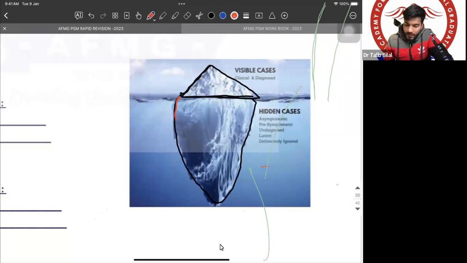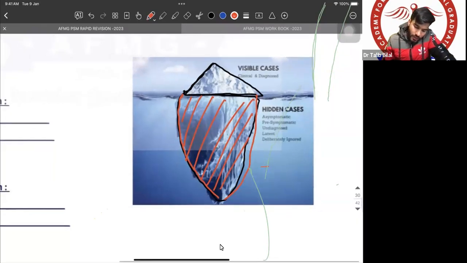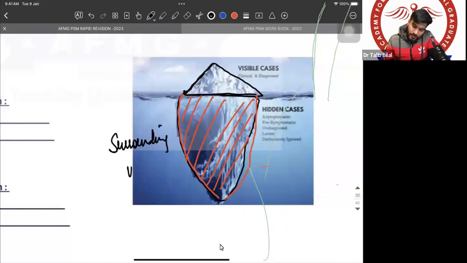These are hidden cases that are asymptomatic, undiagnosed, or deliberately ignored. And the surrounding water is what? Healthy population.